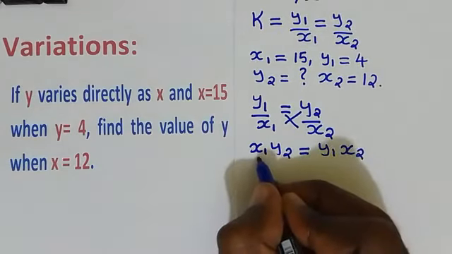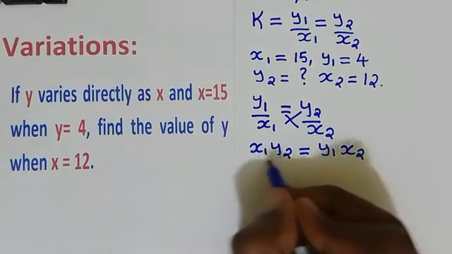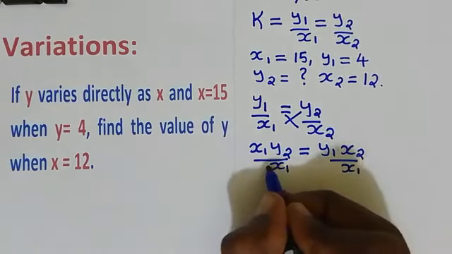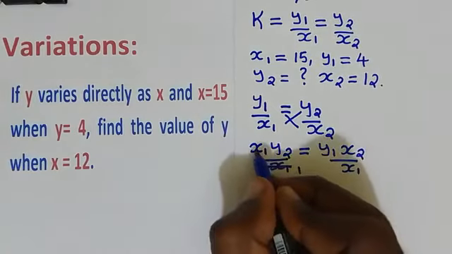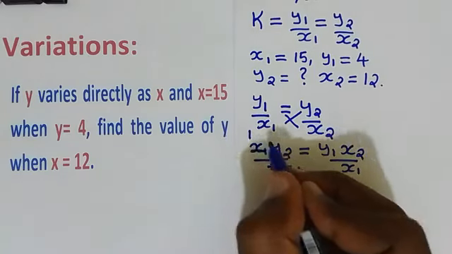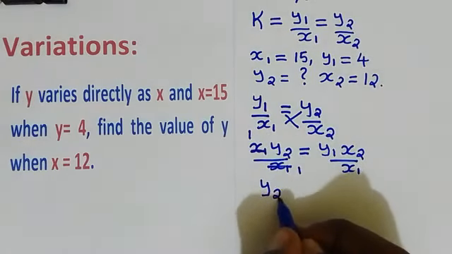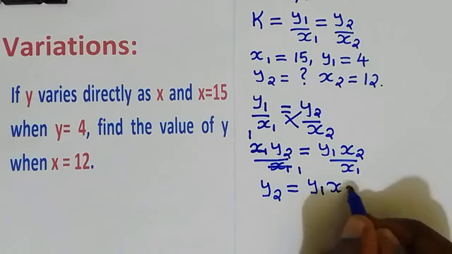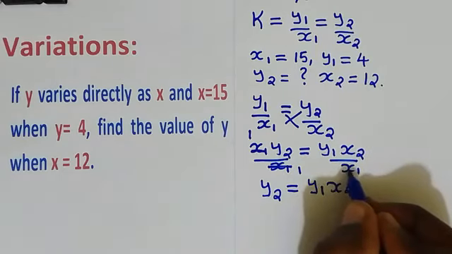I'm going to divide by x1 both sides. x1 over x1 is 1. So y2 is equal to y1 x2 divided by x1.